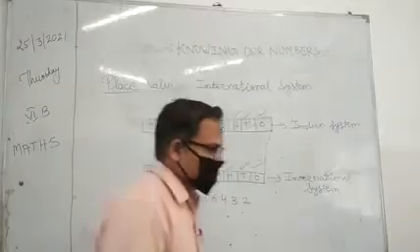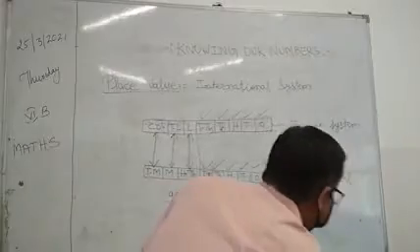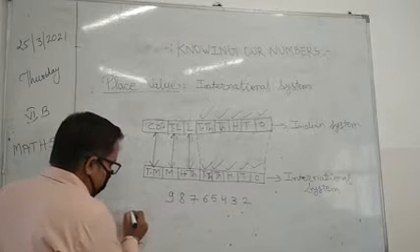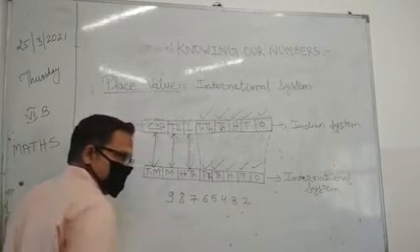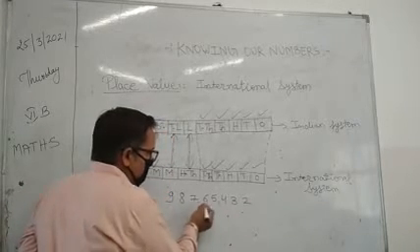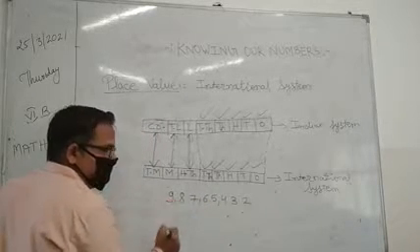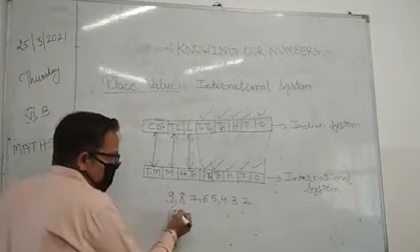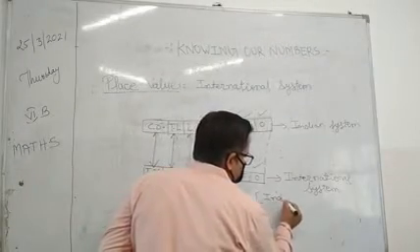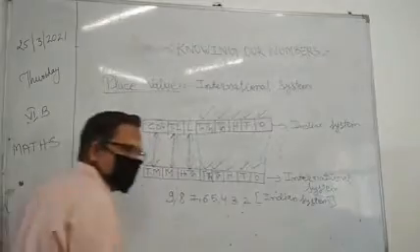How are we able to insert them? For the Indian system, we start from the right-hand side. We take the first 3 digits from the right and put a comma. After that, we take 2 digits and put a comma, and again we take 2 digits and put a comma. So these commas which I am inserting here are in the Indian system.